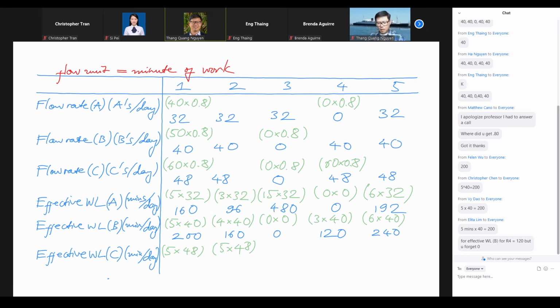Okay, so for 2, we have 5 times 48, and then the next one we have 0 times 0. The next one, if we look at the table, it should be 3. 3 minutes per fries, but because we talk about 48 units of fries, we multiply them together, and then 6 times that 48.